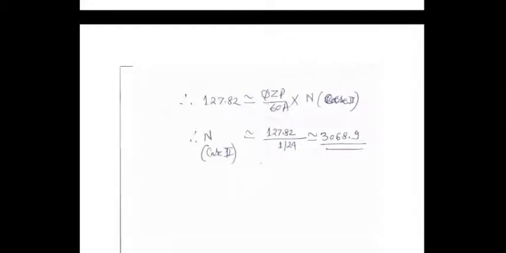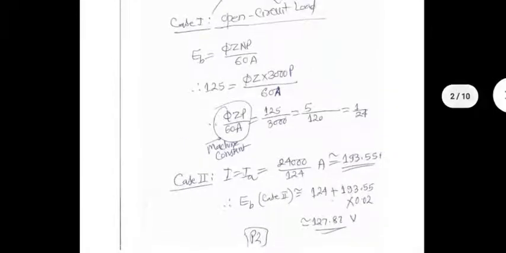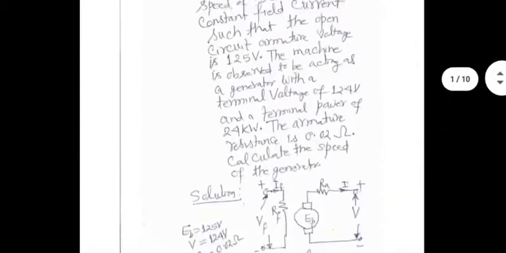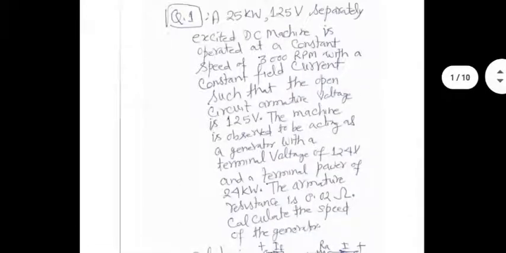So 127.82 equals phi ZP divided by 60A times the new value of N, which I am calling N in case 2. And phi ZP divided by 60A is already known from the case 1 calculation as 1 divided by 24. So you plug in that value, you get the new speed as 3068.9 RPM, of course. A bit of mathematical manipulation of known things.